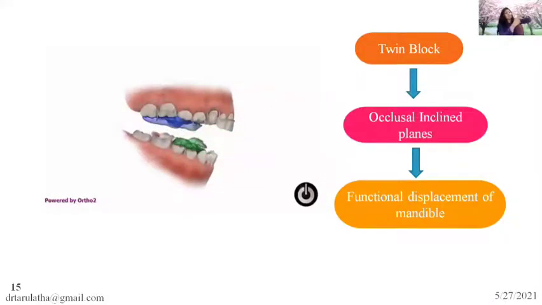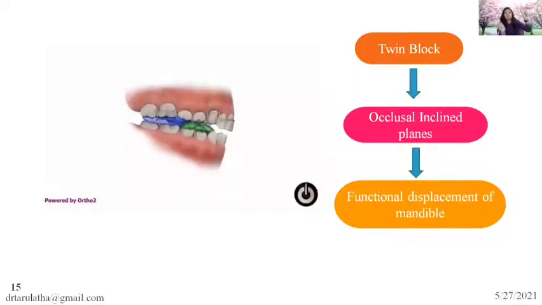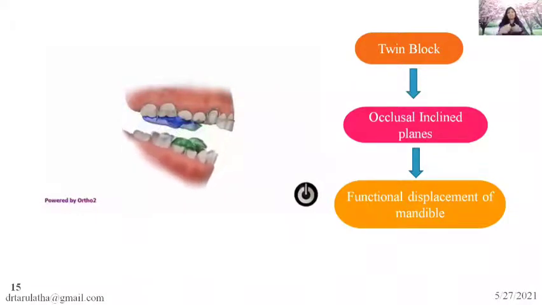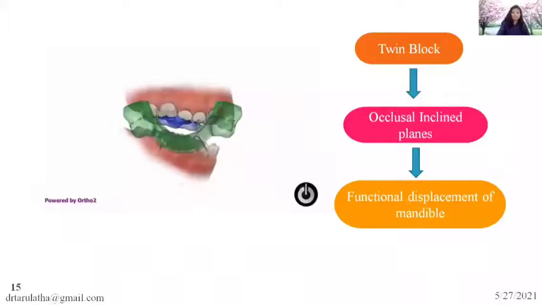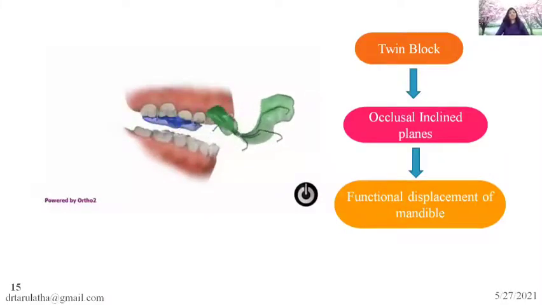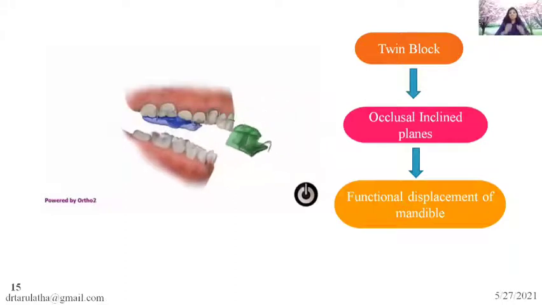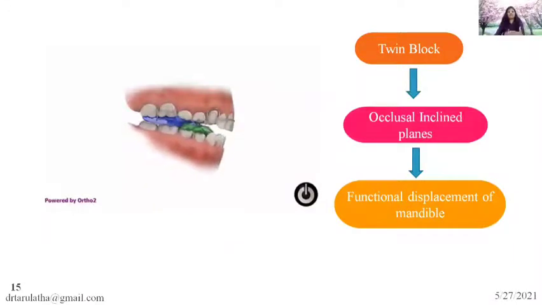This leads to a gap between the glenoid fossa and the condyle. The tissue over there stretches, leading to the viscoelastic property acting. Because of this, you do see changes in the viscoelastic property of the glenoid fossa. Because of that, there's a transformation leading to bone deposition and resorption at the glenoid fossa as well as the condylar head.